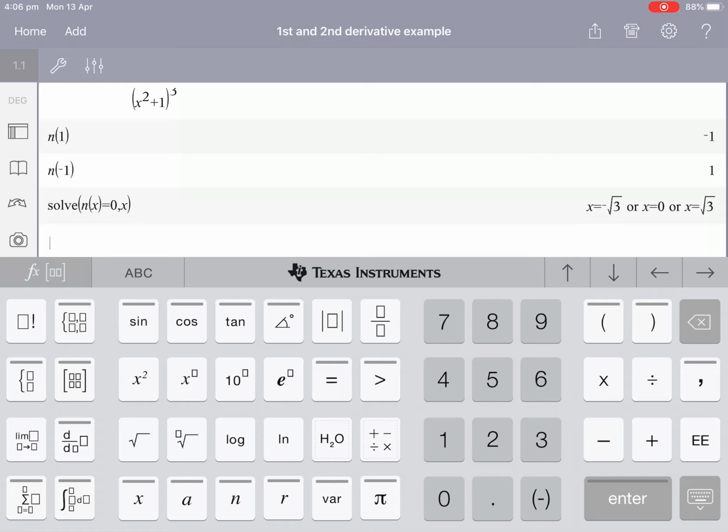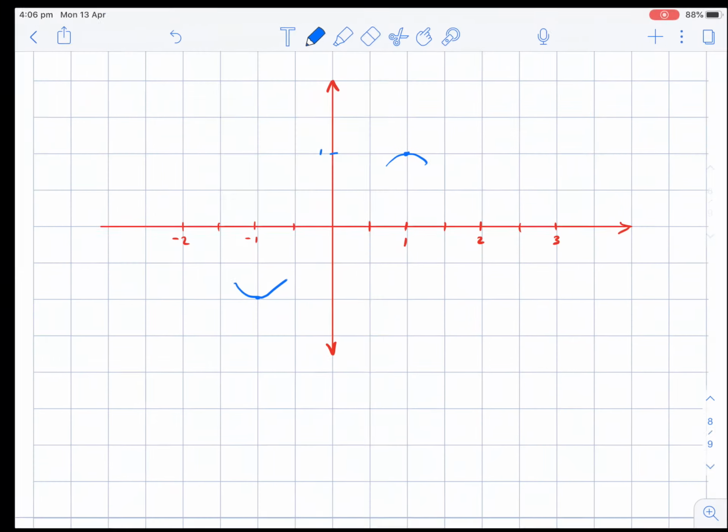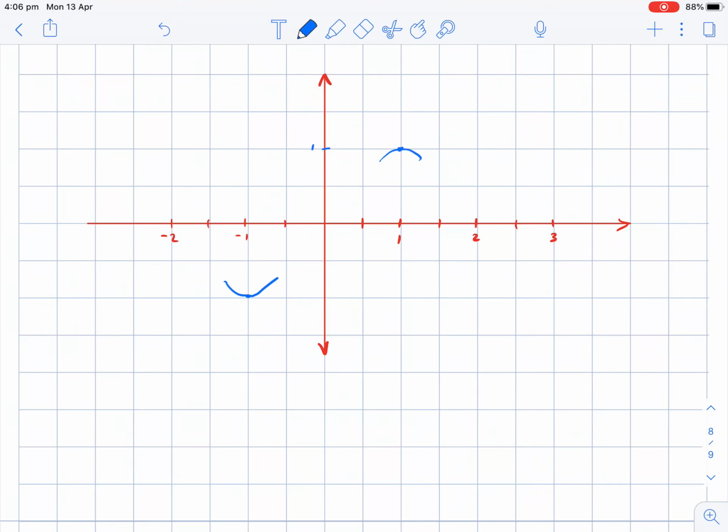Finding it for x, hit enter, and I've got 3 answers. I've got 0, -√3, and +√3. Now, let's also just get an approximate answer so we can visualize that. -√3 is -1.7. +√3 is +1.7. Okay. Let's come back in here.